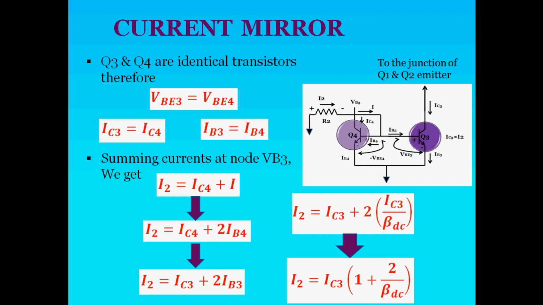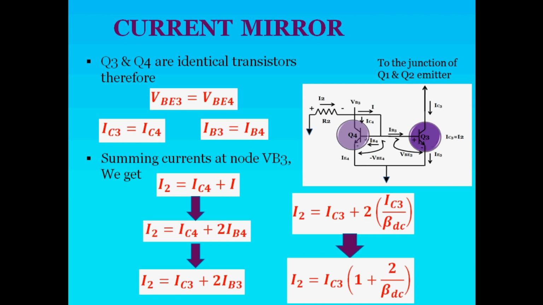Now I is again split, so I is equal to IB3 plus IB4, and since IB3 is equal to IB4, we can write I is equal to twice IB4. So I2 is IC4 plus twice IB4.